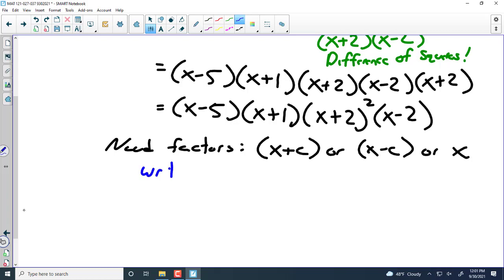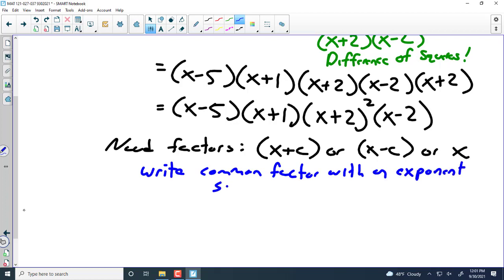And write common factors with an exponent so you can determine multiplicity.